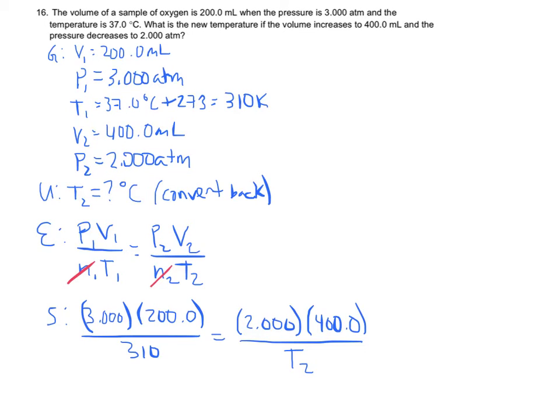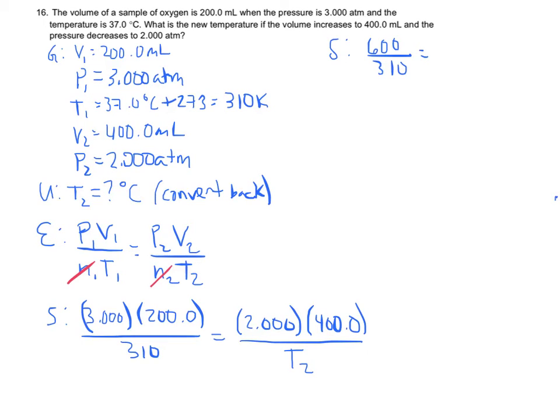All right, so cross multiply and divide, or you can simplify first. It doesn't really matter, whatever you want to do. I prefer to do a little simplification first, and I'm going to do the rest of this problem up here. So 3 times 200 is 600 over 310.